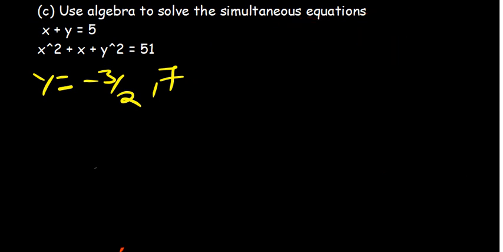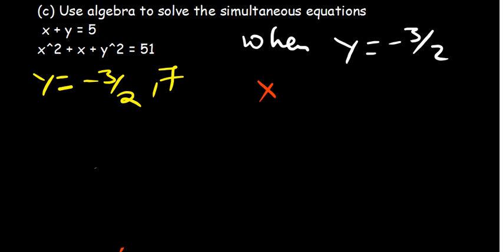Using these two values of y, we're able to find the two values of x. So when my y is equal to negative 3 over 2, I'll go to the first equation, x plus y equals 5. Where there is y, I'll put minus 3 over 2.